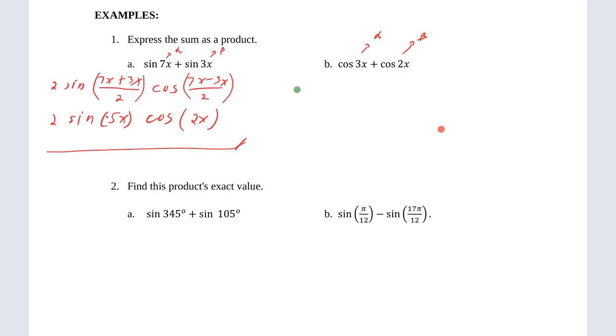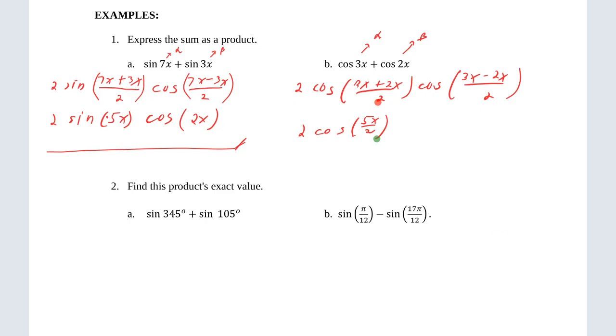Now following that formula, this is 2 cosine of (alpha plus beta, 3x plus 2x) divided by 2, and then cosine of (alpha minus beta) over 2. Simplifying, we have cosine of (3x plus 2x) divided by 2, so that's going to be 5x over 2.